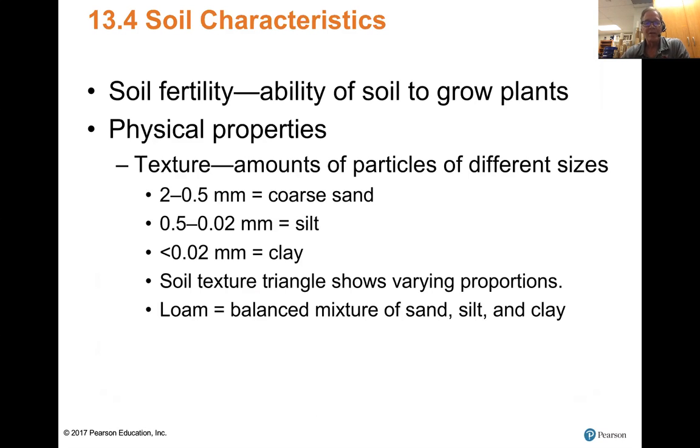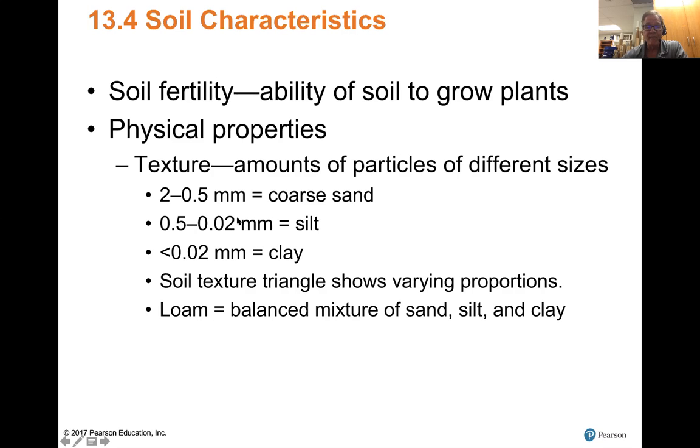Now, soil fertility is the ability of the soil to grow plants. And again, one of the important physical properties is its texture. The texture of the soil is the amounts of particles of different sizes. Notice you can have coarse sand, where the size is up to 2 millimeters.